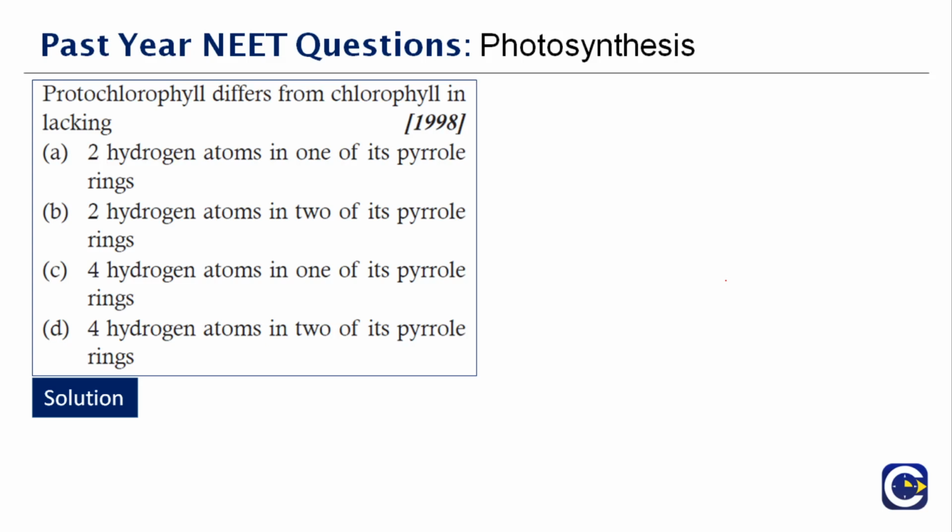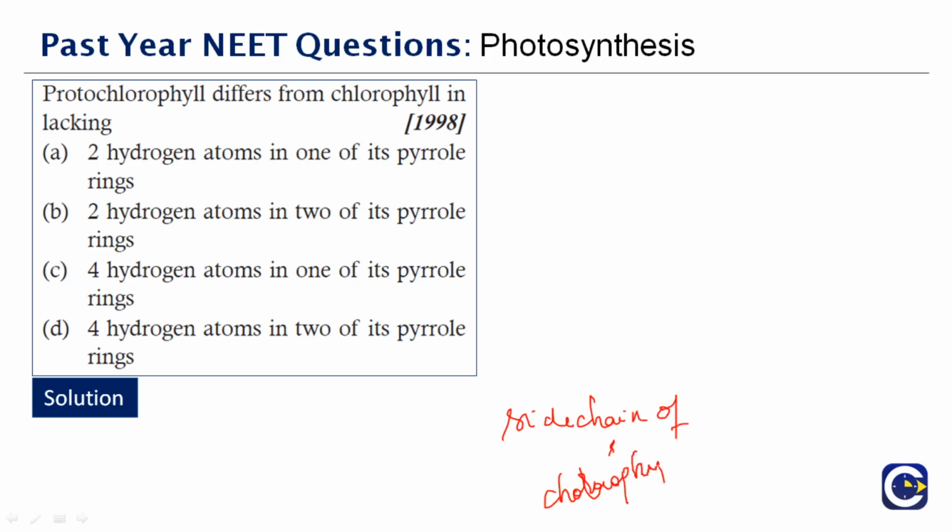Now, protochlorophyll is an immediate precursor of chlorophyll that lacks the phytol side chain of chlorophyll. So what does protochlorophyll lack? They lack the side chain of chlorophyll.